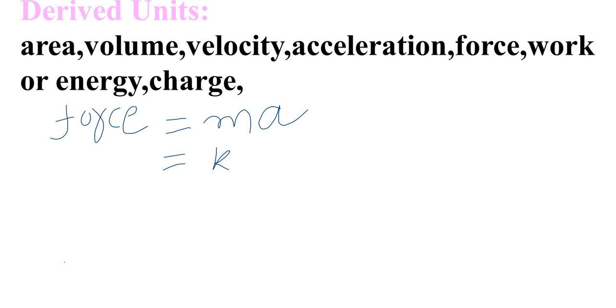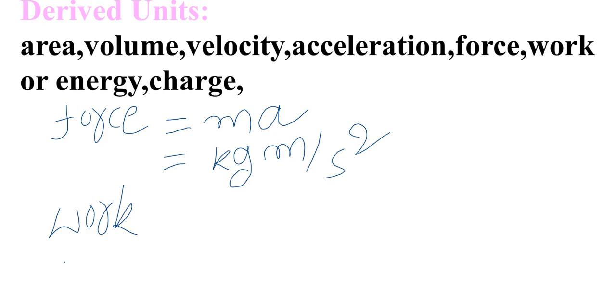Next one is force. Force is equal to ma. M for mass, kg. A, just now we calculated, the unit of acceleration is meter per second square. So the unit of force is kg meter per second square. Like this we can calculate work.